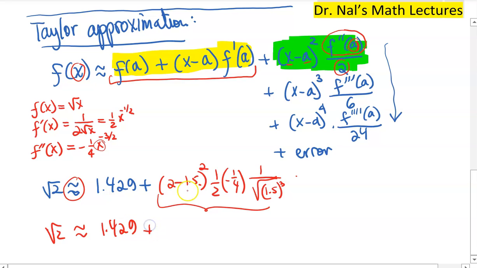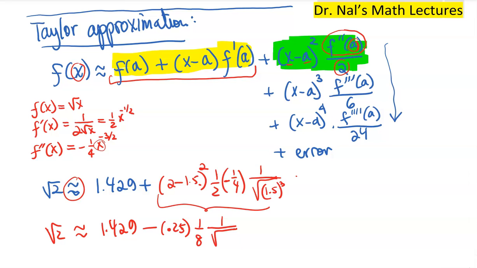So 0.5 squared is 0.25. And then this product, actually we will end up with a minus sign here, right? Because the 1 over 4 has a minus in front of it. So we have a 1 over 8, not 16, 8. And then 1 over the square root of 1.5 cubed. Let me go ahead and use my scientific calculator. 1.5 cubed gives me 3.375.